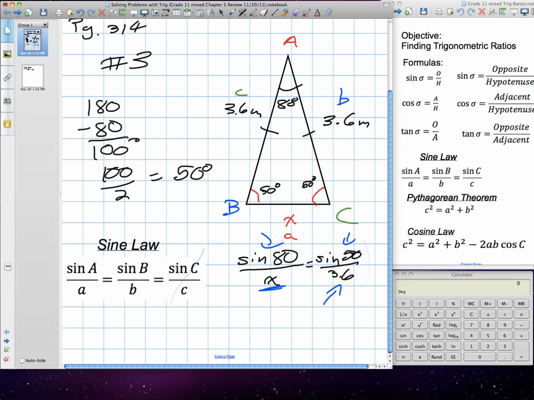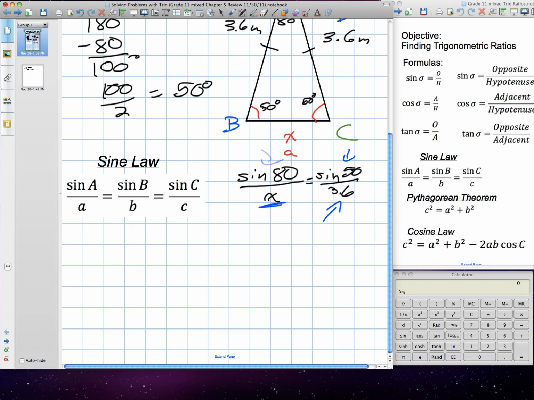Now, this is where I talk to you about cross multiplication. The reason I want you guys to get familiar with that is because the easiest way to go about solving this here will be to cross multiply these two fractions. That way we'll get rid of all of our fractions. So I'm going to do 3.6 times sine 80.